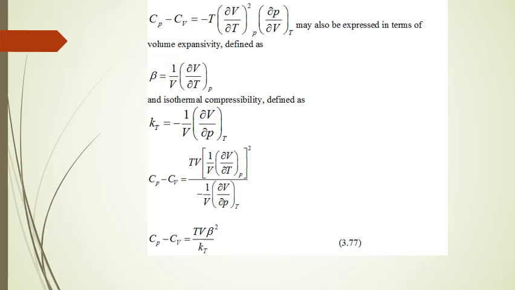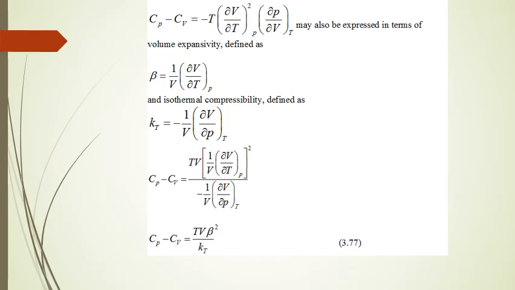Now this expression Cp minus Cv is equal to minus T into (del V upon del T)² when P is constant, into del P upon del V when temperature is constant, may also be expressed in terms of volume expansivity, which is defined as the fractional change in volume with change in temperature when pressure is constant. And one more term, that is isothermal compressibility, which is defined as the negative of the fractional change in volume with change in pressure when temperature is constant.